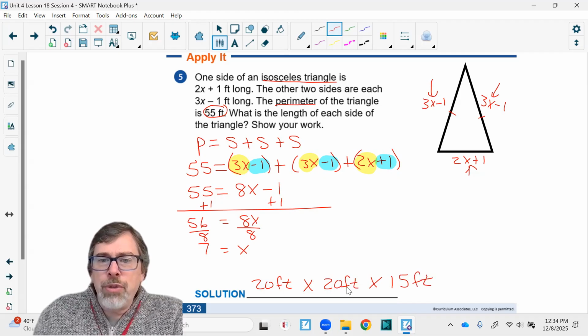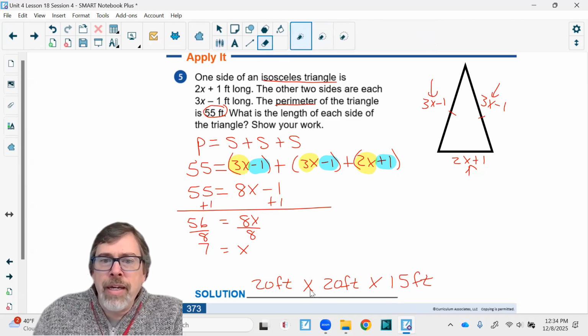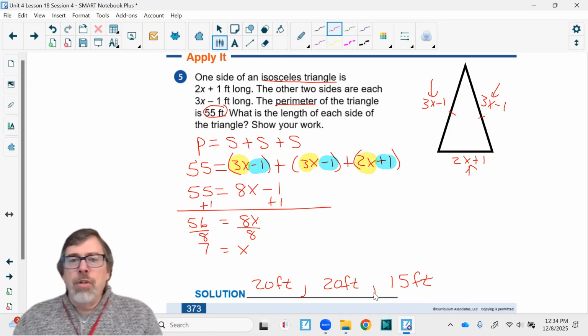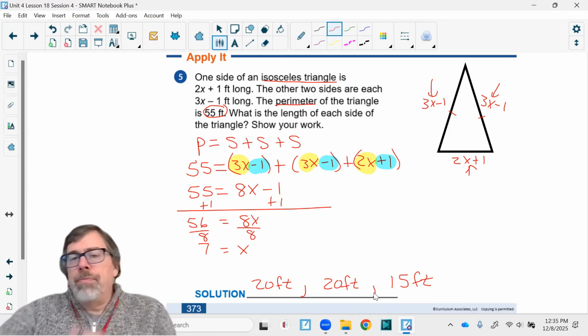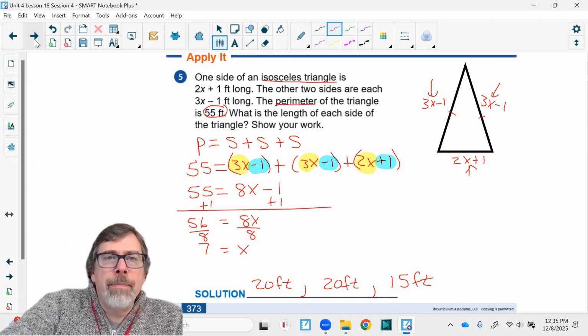So we have 20 feet, 20 feet, 15 feet. If you don't like the X, because that's really dimensions and it's not quite the same, let's just put commas. 20 feet, 20 feet, 15 feet. Okay, that's how we do that.